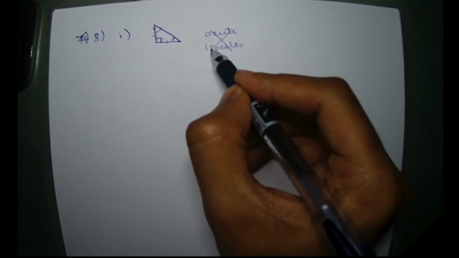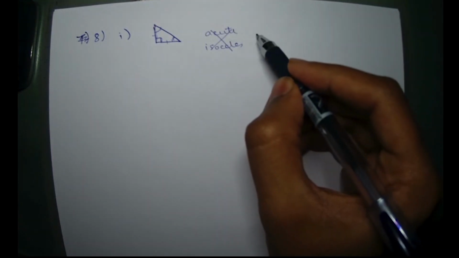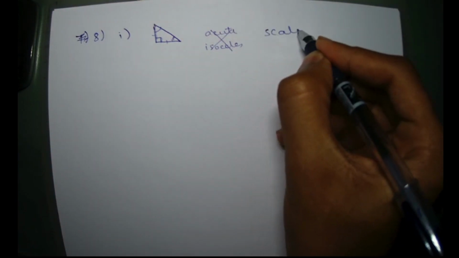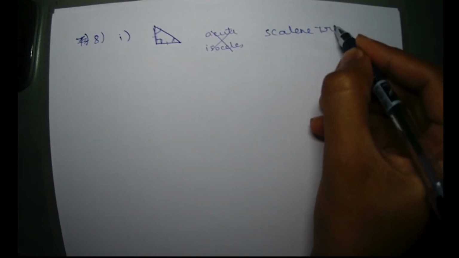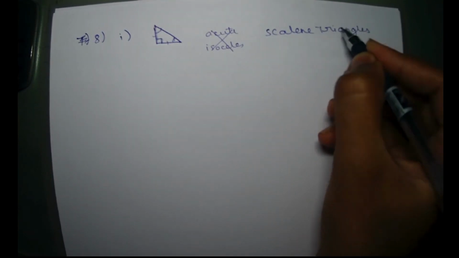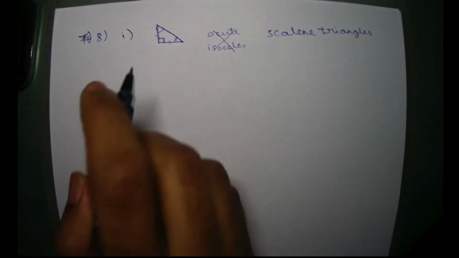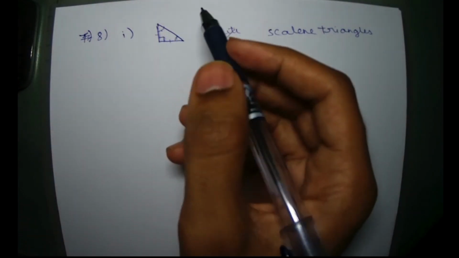So these two cannot be a universal set. It cannot be an equilateral triangle also because all three angles are different. So the only universal set is the set of all scalene triangles. Here the angle can be 90° for the scalene triangle, and it can accommodate all the different right triangles.